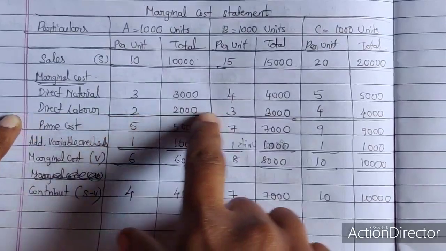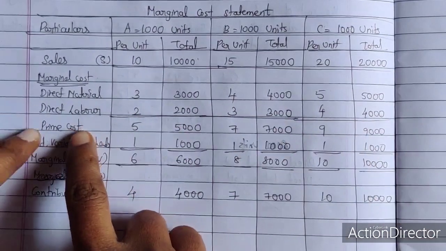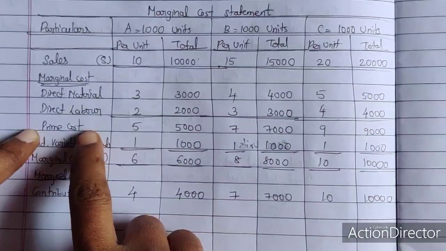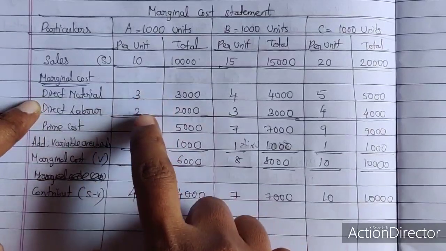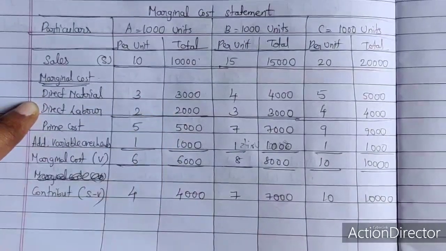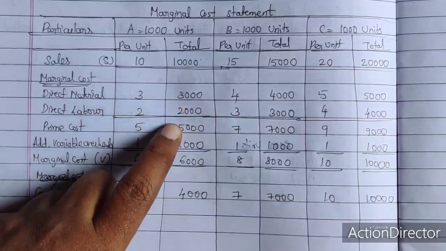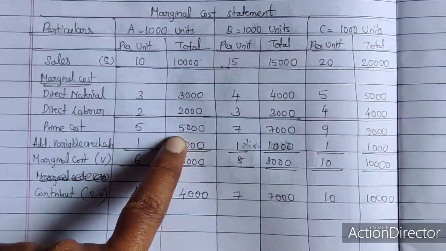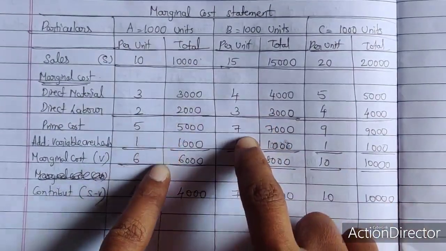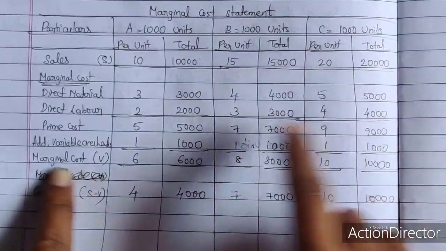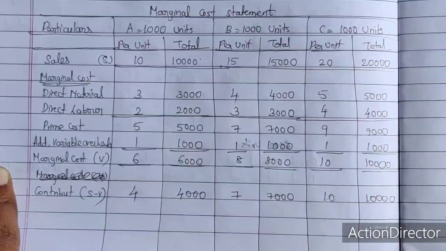In the same way we find direct labor. To calculate the prime cost we add direct material and direct labor. So 3 plus 2 is 5, 3,000 plus 2,000 is 5,000, 4 plus 3 is 7, 7,000. In that way we calculate the prime cost.